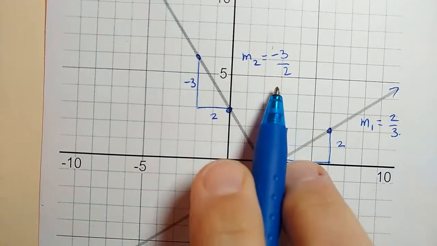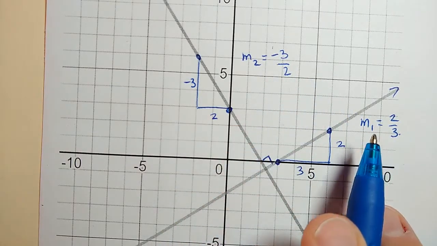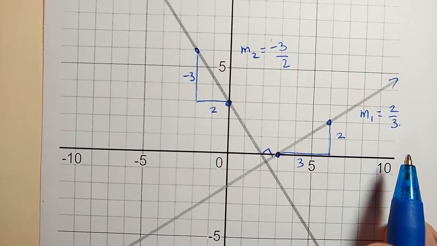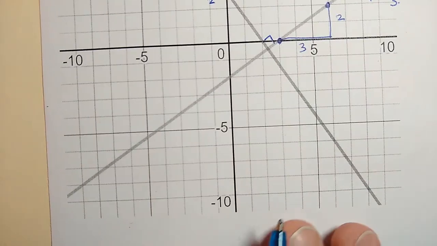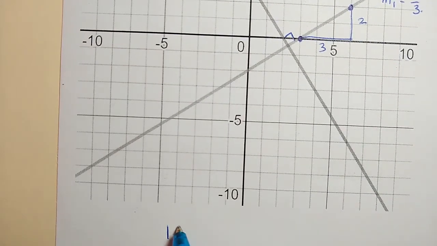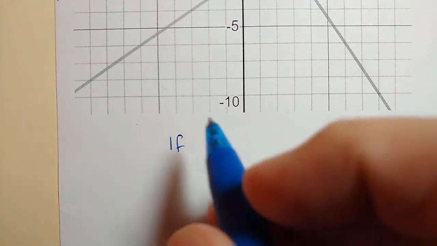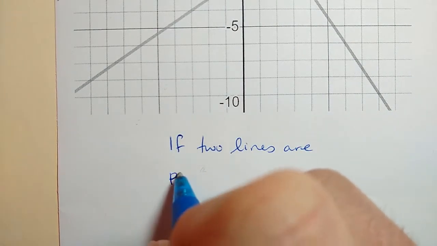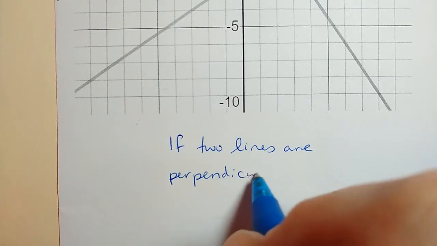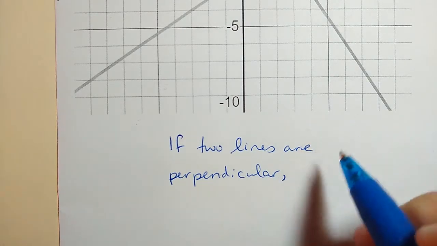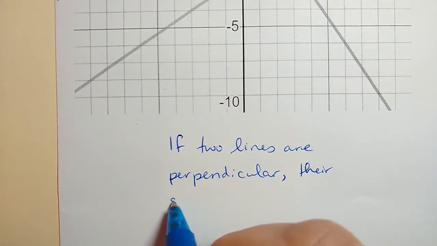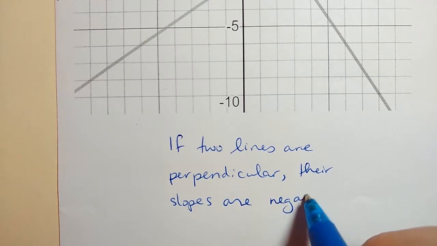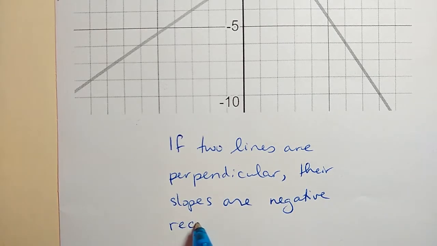Now you see this relationship here. These fractions are the same except one is the reciprocal of the other, and also one is negative and one is positive. And this is the effect that we are always going to see. So if two lines are perpendicular, their slopes are negative reciprocals.